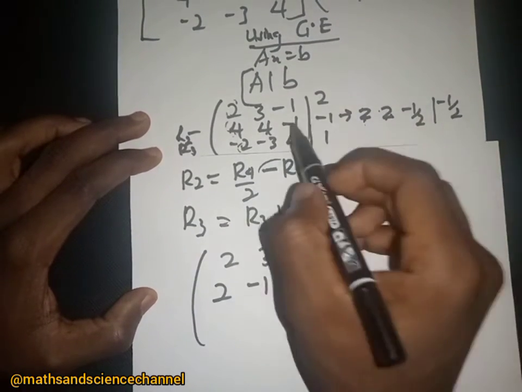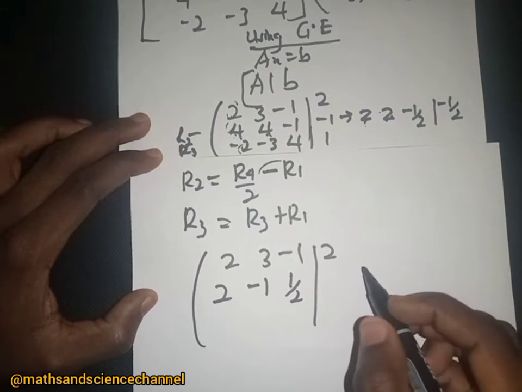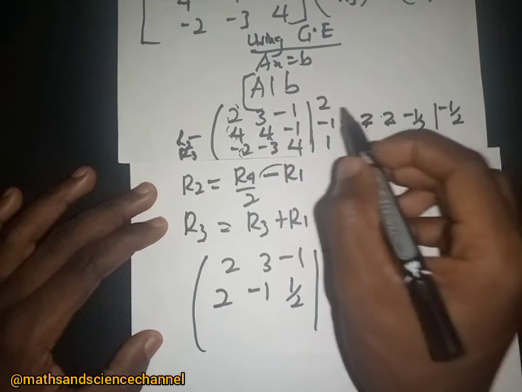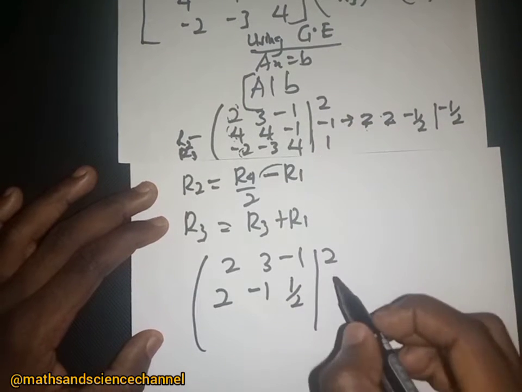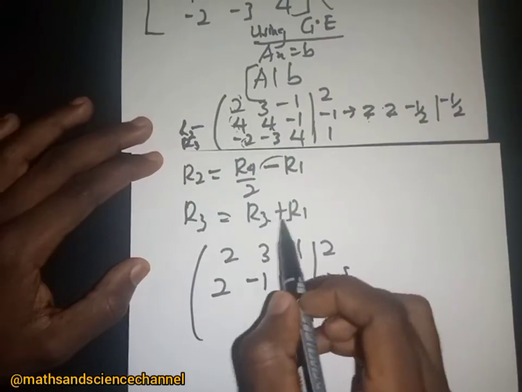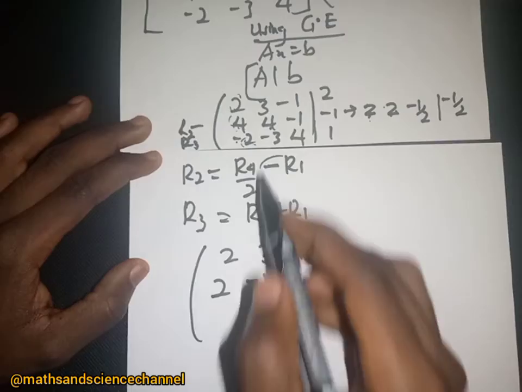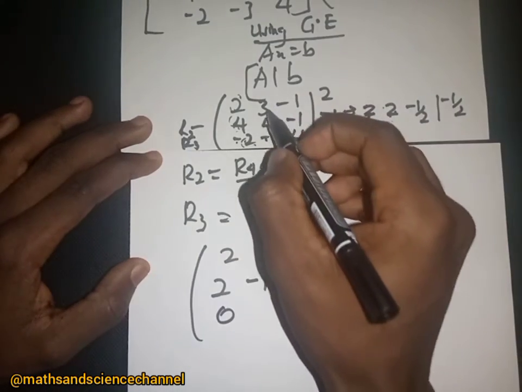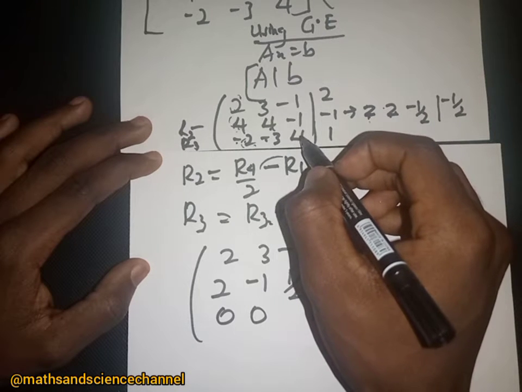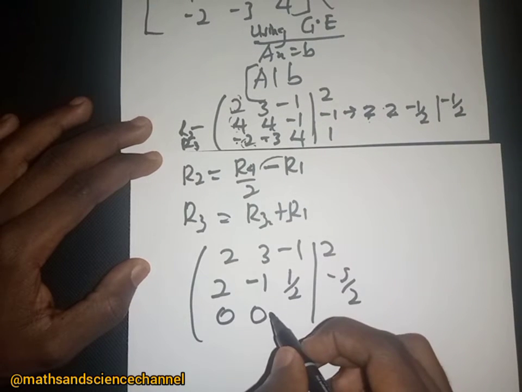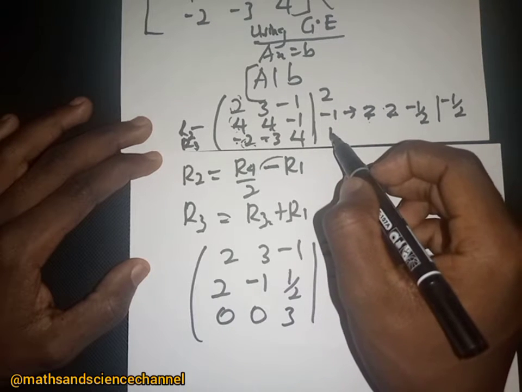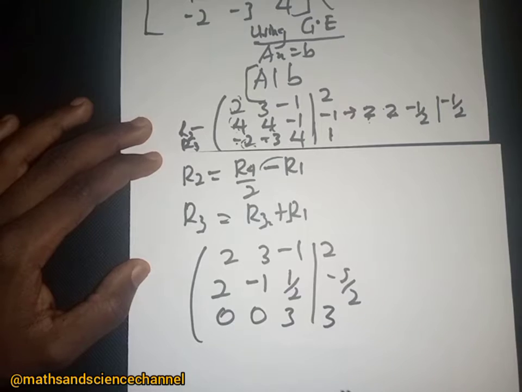Then also -1 over 2 minus 2 here will just give us minus 5 over 2. Then over here we are just adding them, so 2 plus -2 goes to 0, 3 plus that also goes to 0, and then 4 plus -1 will just give us 3, and also we have 1 here plus that will just give us 3 here.